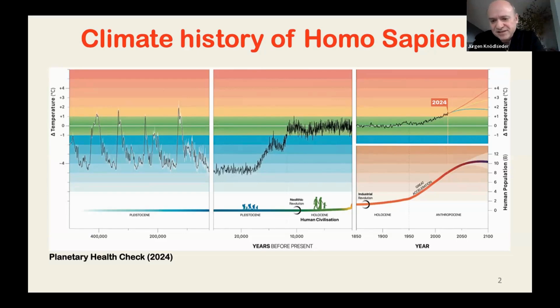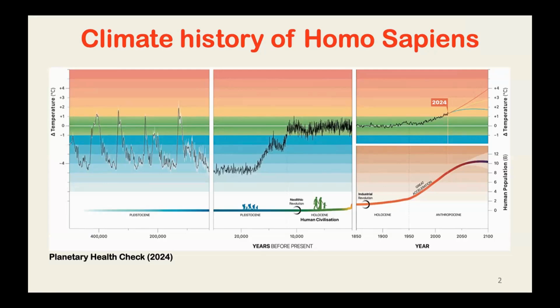Now in the last panel, you see what's going on over the last few hundred years: we are gradually moving out of this green corridor, here shown at least for the temperatures. We already have a temperature increase of about 1.1, 1.2 degrees for the global temperature. And the question is, what does this mean?